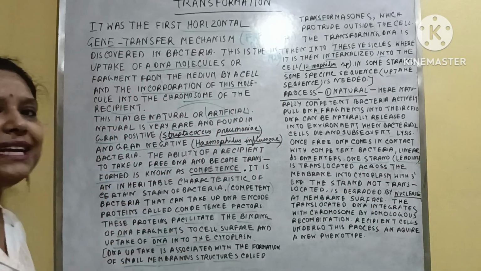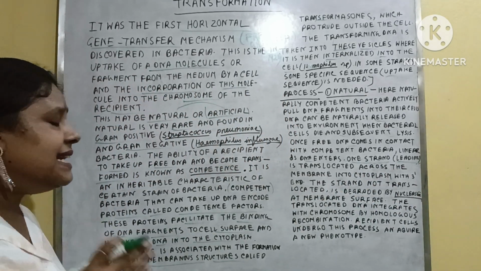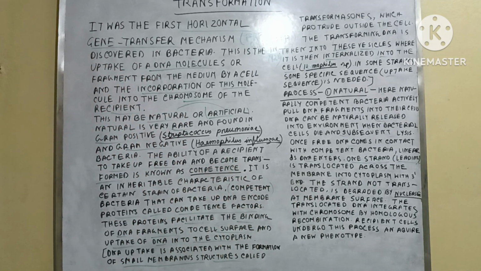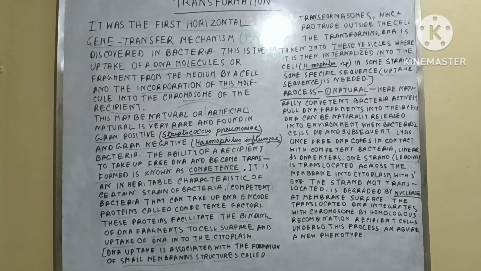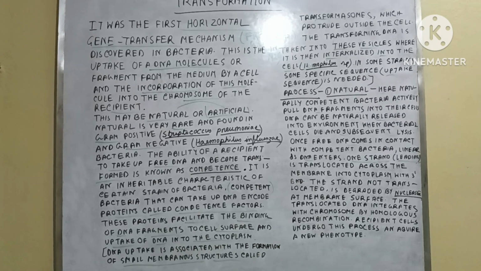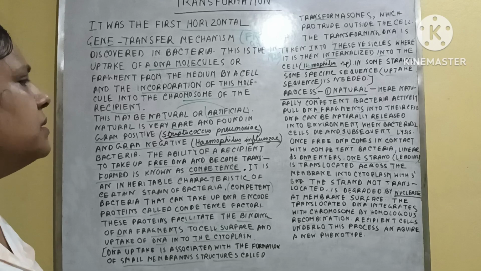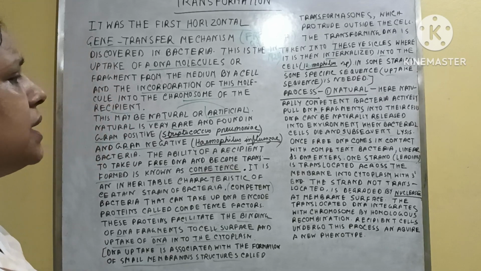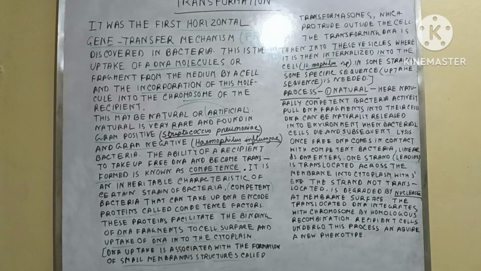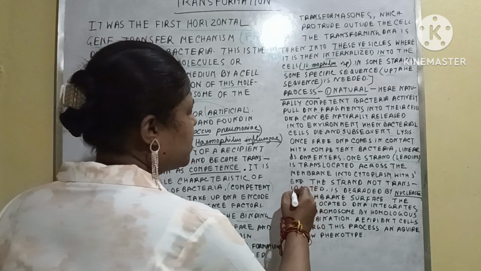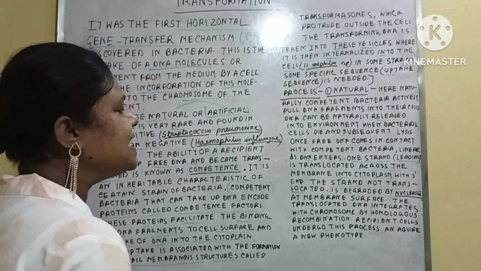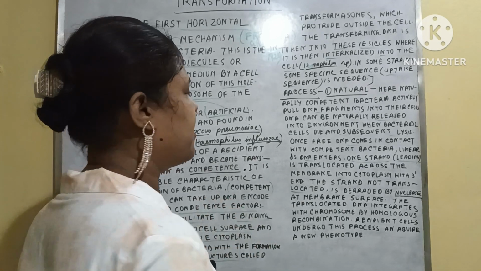You all know that DNA has two strands, leading and lagging. Here the leading strand is translocated, but the lagging strand is not translocated and is degraded by the nuclease enzyme at the membrane surface.